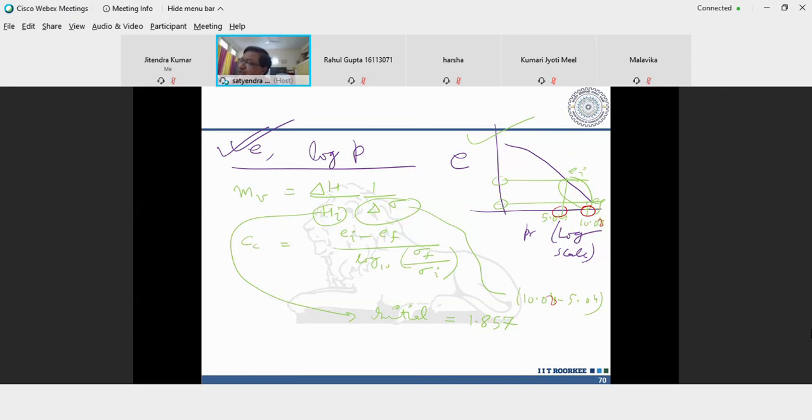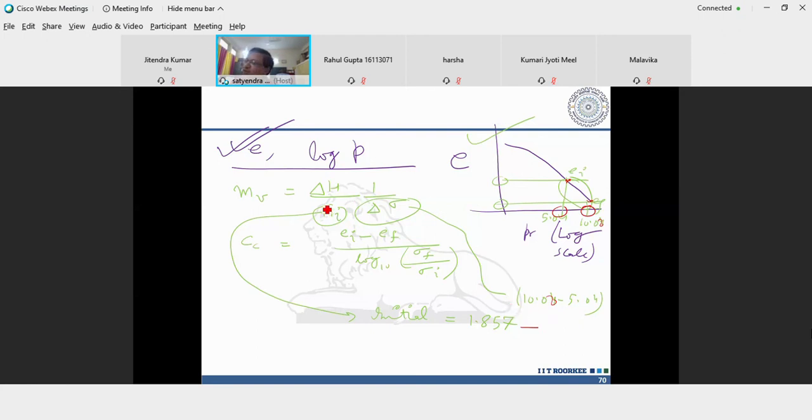Is that okay? Yes, sir. And so this is the delta sigma and delta H. Delta H is already defined as the change in the thickness. So say it is 1.857 minus the value corresponding to this point. So delta H is the difference of these two values.